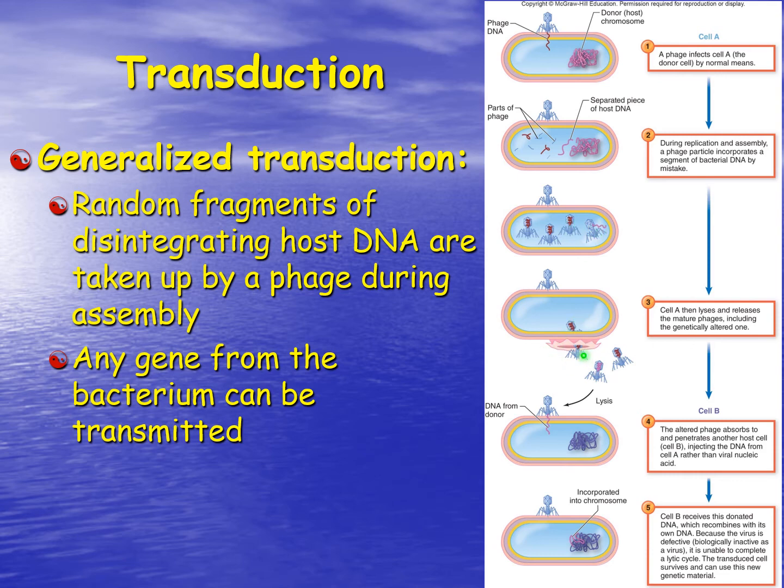So when this cell lyses, these bacteriophages all go out and infect new cells. Well, if it happens to be one carrying bacterial DNA, it will infect its host cell, but not cause viral replication, but that piece of bacterial DNA may be incorporated into the recipient cell's own genome and change the genetics and cause a recombination within this cell.